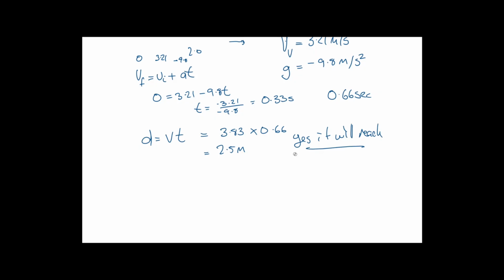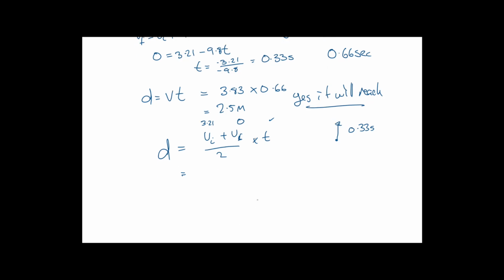And for this, we're going to use the equation that's given in the formula: d equals (vi plus vf) divided by 2 times the time. Now we know the time that it takes to get from the bottom to the top is 0.33 seconds. So time is done. The final velocity at the top, going up or down, is 0, and the initial velocity going up is 3.21. Now we can work out the distance that it goes up.